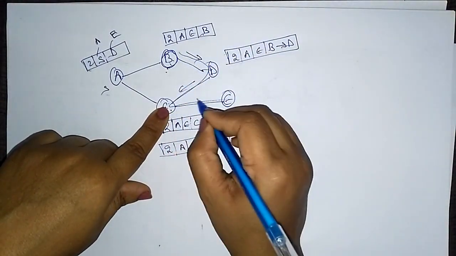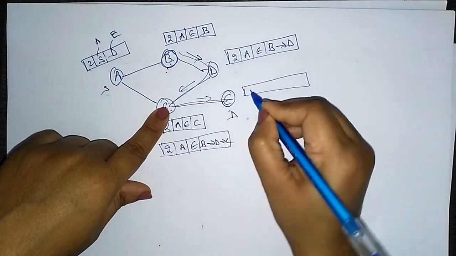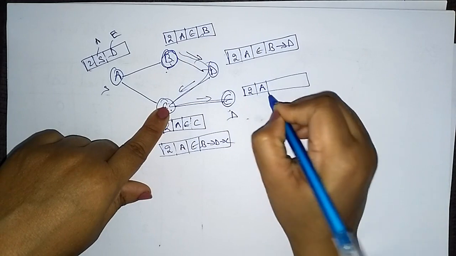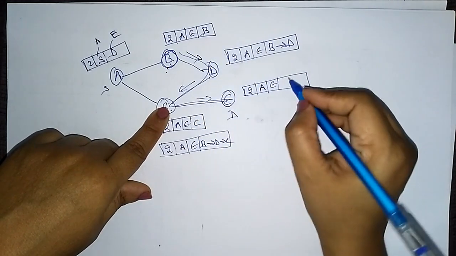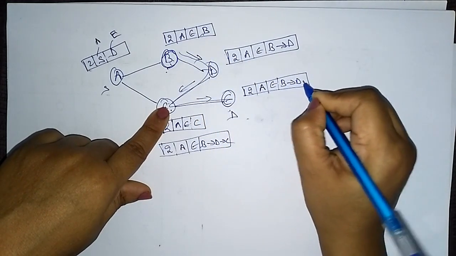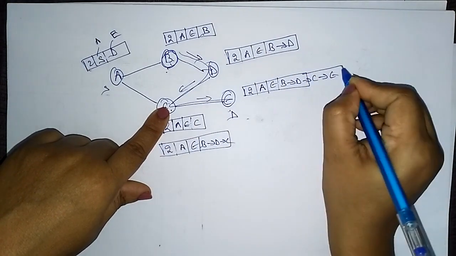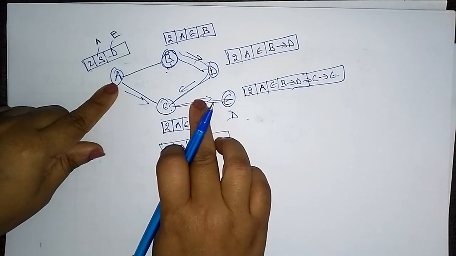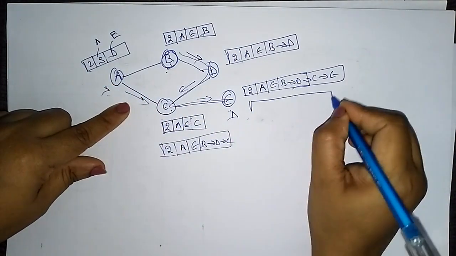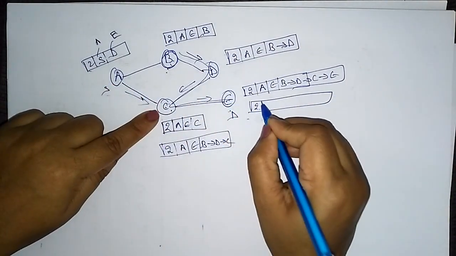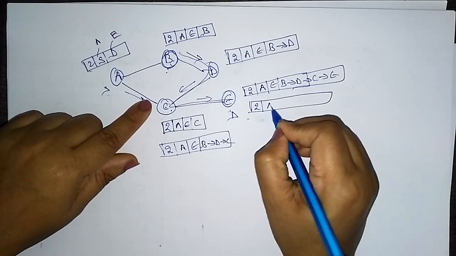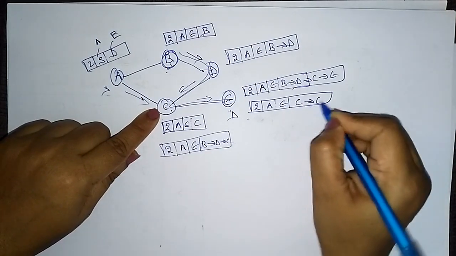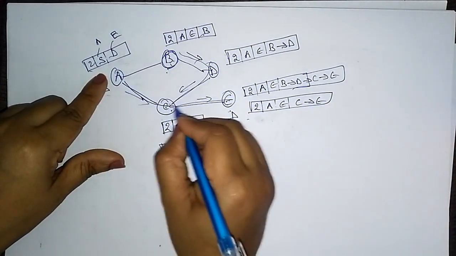The packet carries information like the unique ID, source and destination, and it is coming from B to D to C to E. Suppose the data also comes like this: the packet carries the unique ID, source and destination, from C to E, simply C to E, meaning it follows this path.